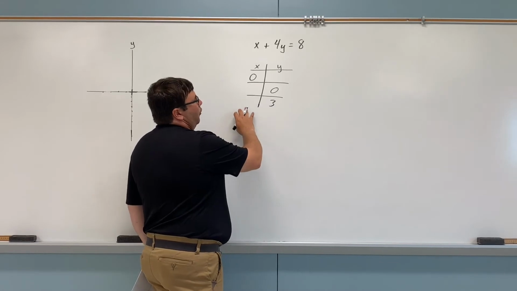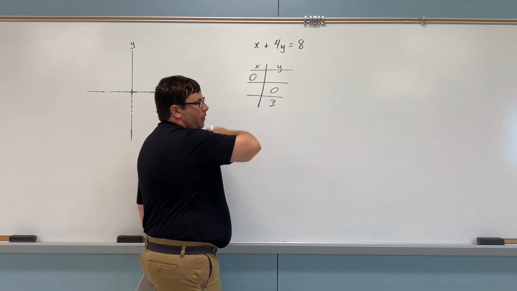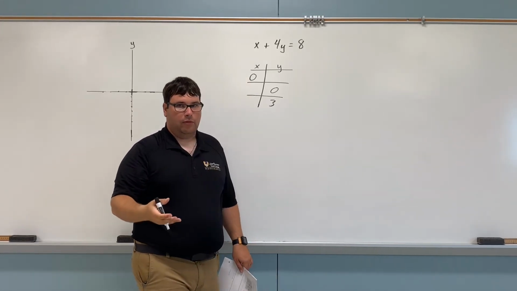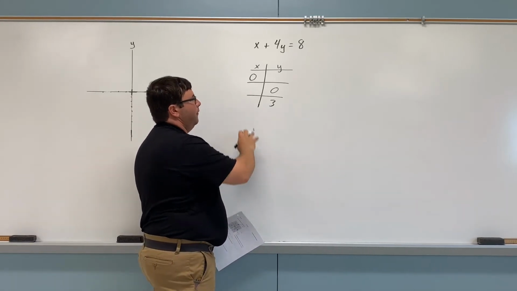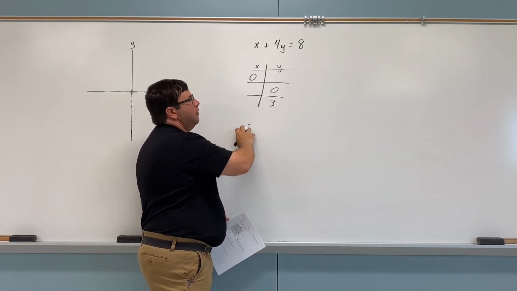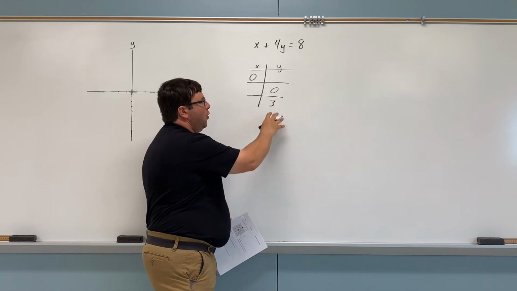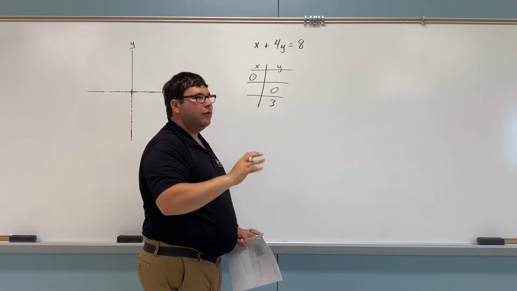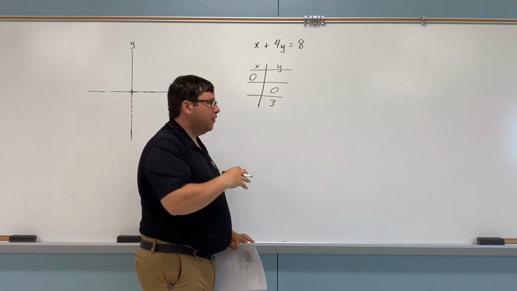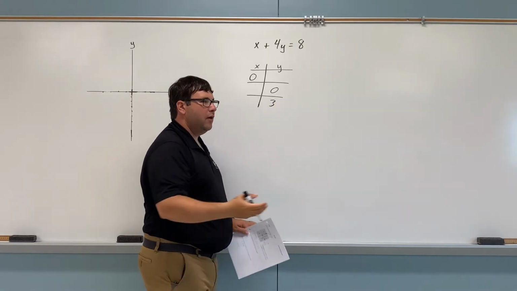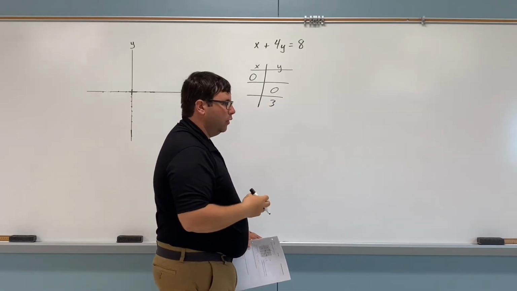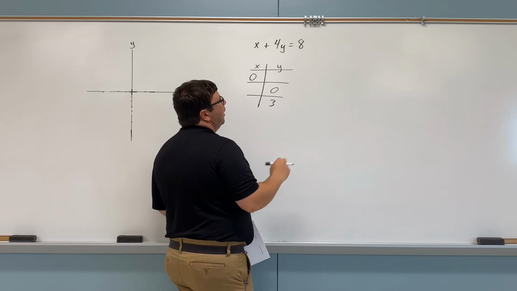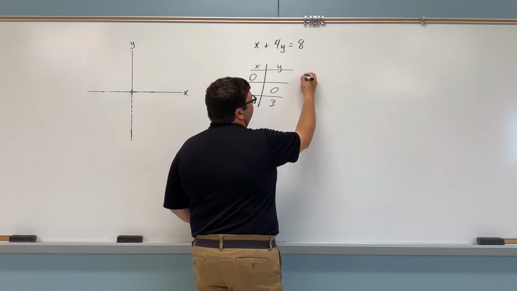Well, what we're given are values, and you can think of these as input values. Now, typically, for an XY chart, your input would be X, your output would be Y. However, some of the values that you're given in this problem are Y values, and so you have to plug those in and just work through and find X. It's not a big problem. So this is what we're going to do.